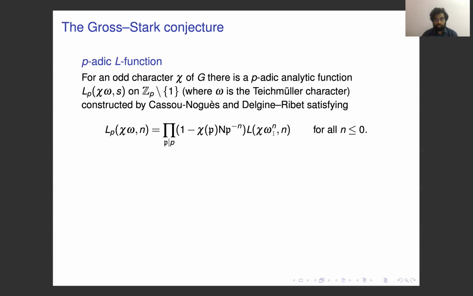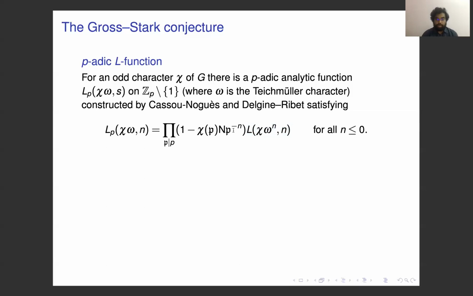So if n is odd negative, this is an even character, and an L-function of an even character at odd negative integers is non-zero, and an L-function of an odd character at even non-positive integers is non-zero. So these are all non-zero numbers.